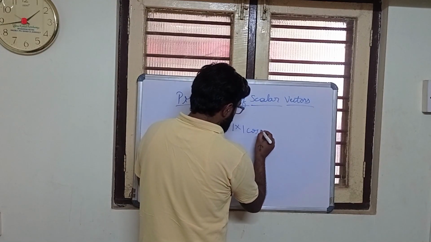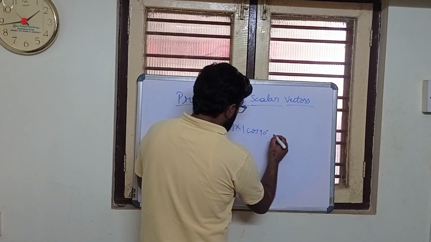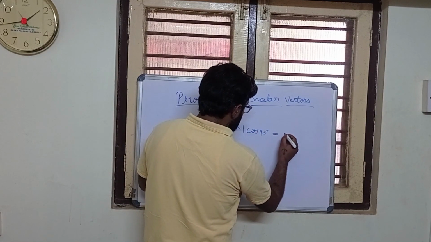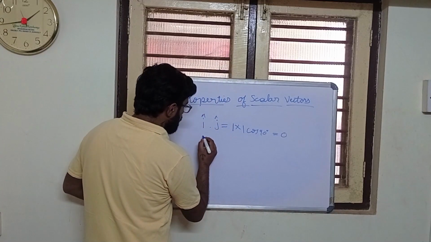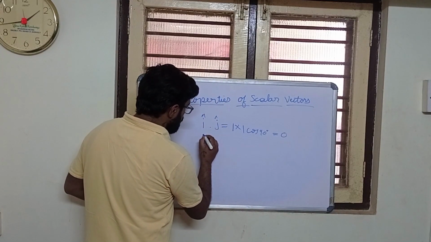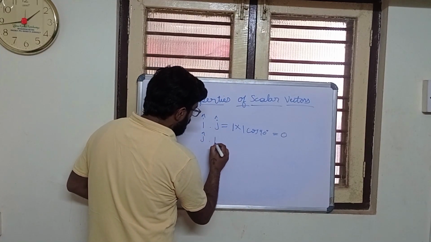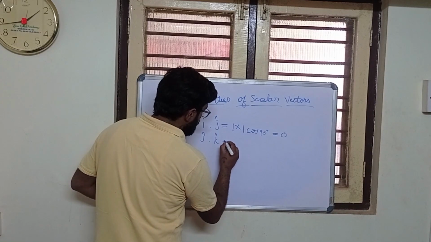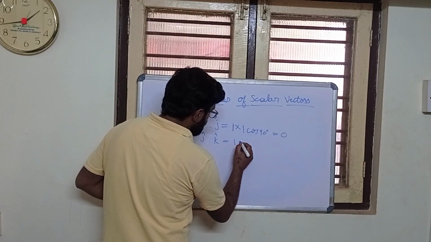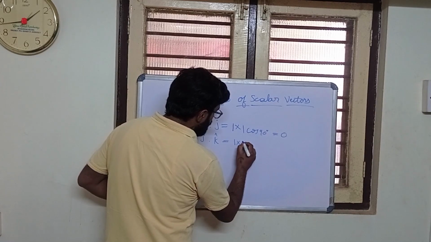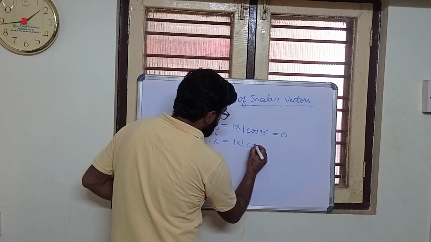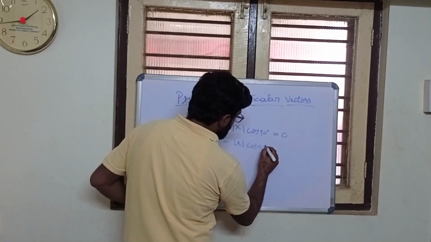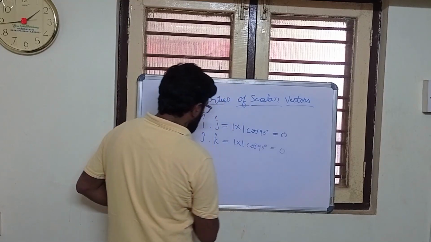Cos of 90 degrees equals 0. What is the value of j vector dot k vector? Magnitude is 1 into 1, cos of 90 degrees equals 0.